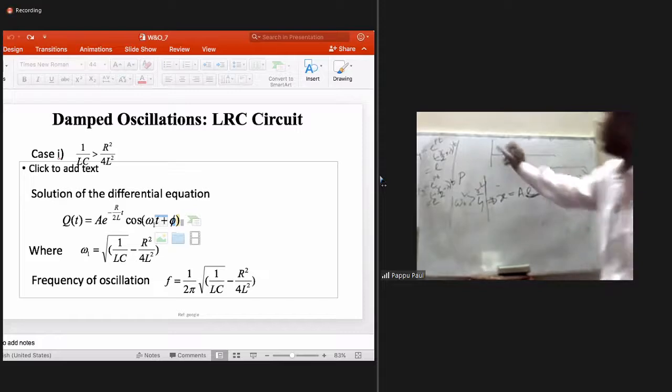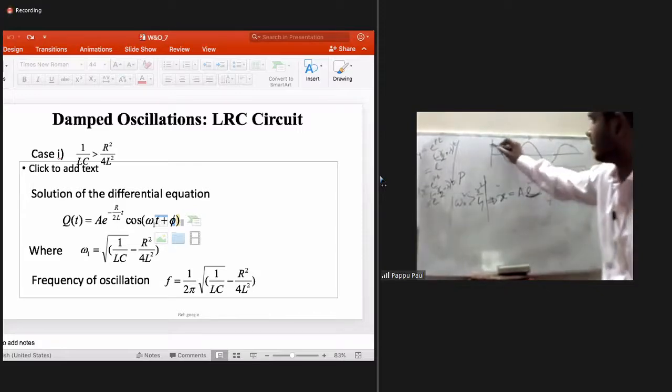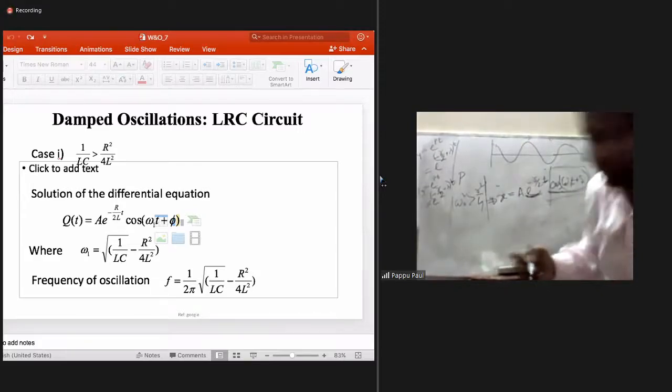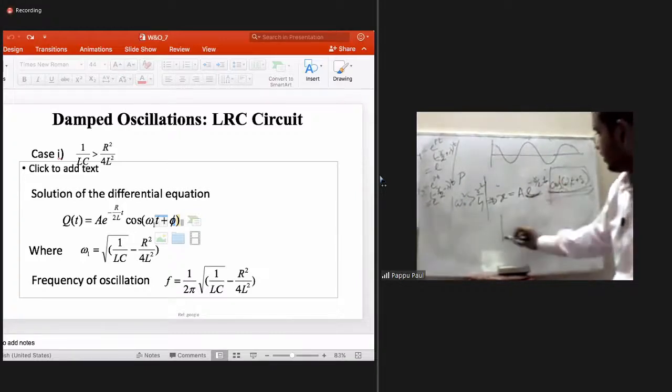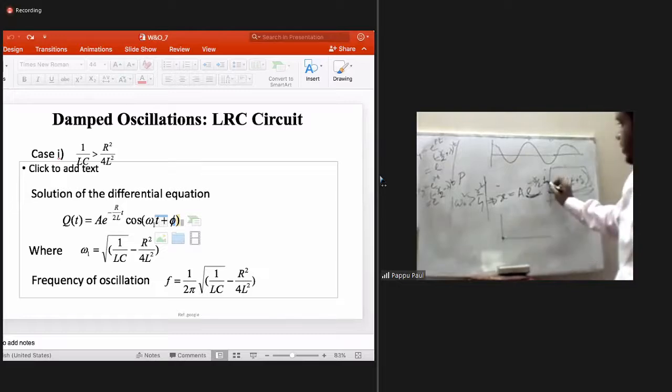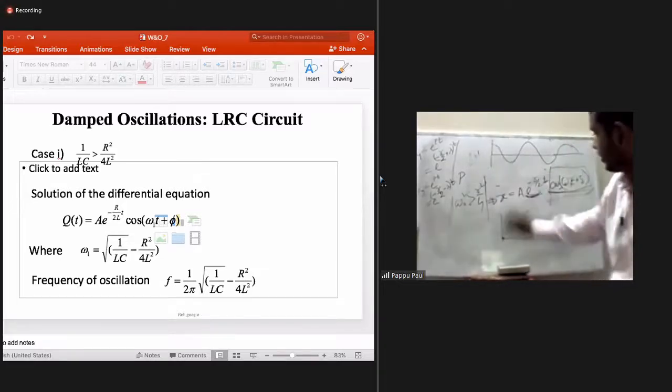Okay, so what is the graph of cos? Like this is the graph of cos, right? And what is the graph of the exponential? We know that if t is equal to 0, that means e to the power 0 is equal to what? Something to the power 0 is equal to what?